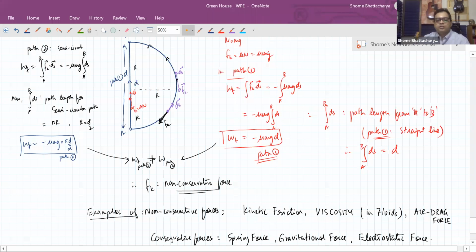Okay, people, so hope you have understood through this example how kinetic friction is acting like a non-conservative force, or showing the properties of non-conservative force. So we will conclude today's lecture here, and next time we will discuss more about conservative, non-conservative forces, and then about potential energy. We'll learn the other type of mechanical energy, which is called potential energy.